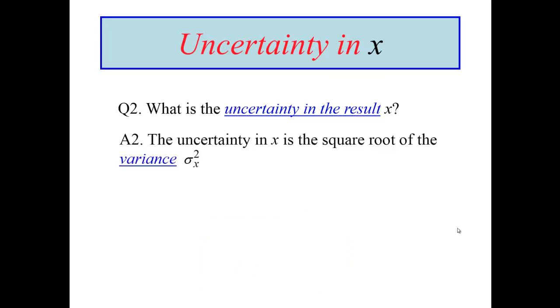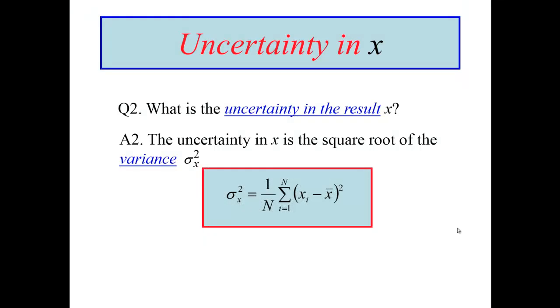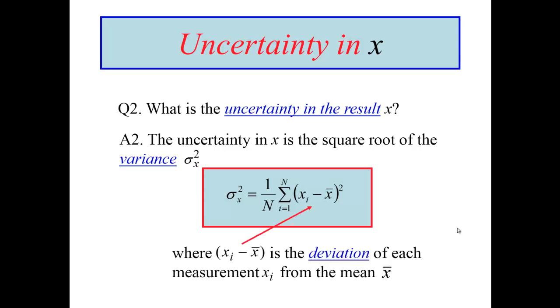The uncertainty in x is the square root of the variance, sigma x squared, and we call that the standard deviation. We could calculate that from individual values of x obtained through these n different trials, in which we were not measuring x directly, but measuring the quantities u and v.